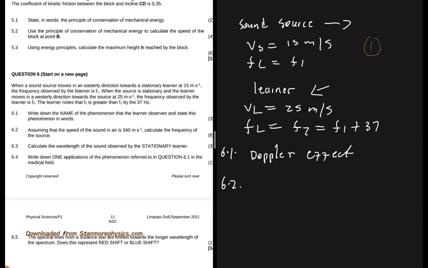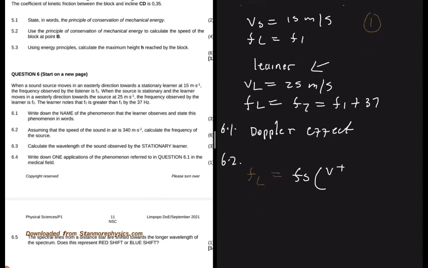So we know fully well that frequency observed is equal to the frequency emitted multiplied by v plus or minus the velocity of the listener divided by v plus or minus the velocity of the source, right?